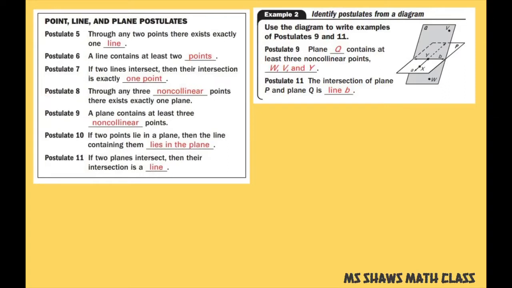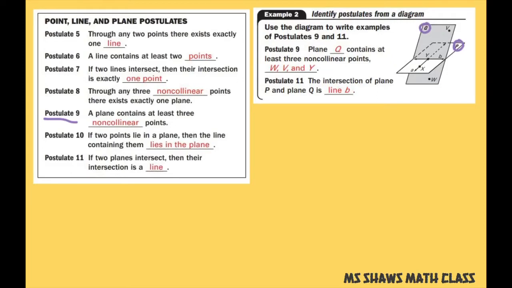So let's read postulate 9. A plane contains at least 3 non-collinear points. So let's look at the diagram and find the plane. We have 2 planes, Q and P. So let's look at P. It doesn't look like we have 3.